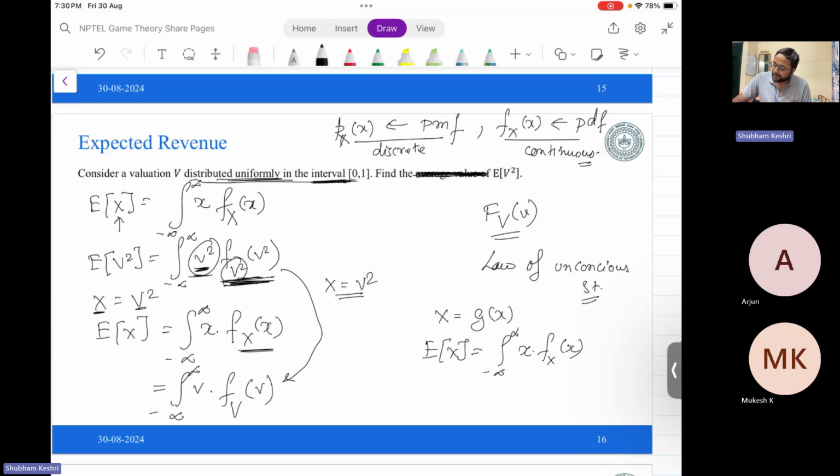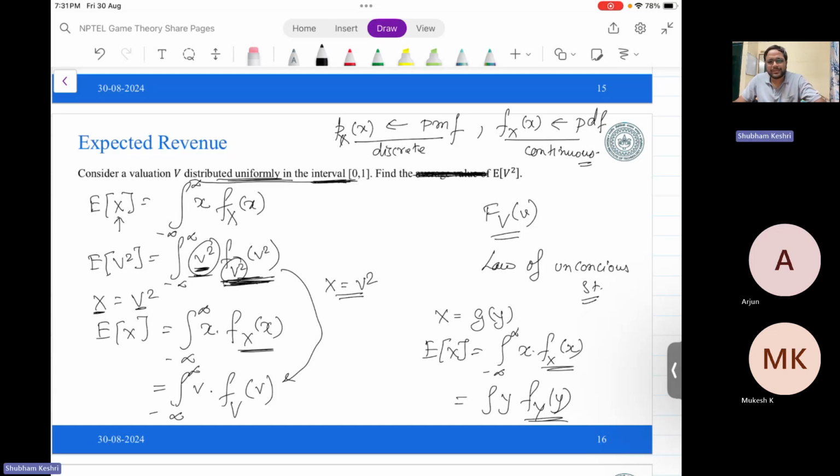Now you don't know the distribution of x, but you know the distribution of y. So you just do integration y f y of y. If you know y, you don't have to go to the distribution of x. That is what it says. Is this clear?